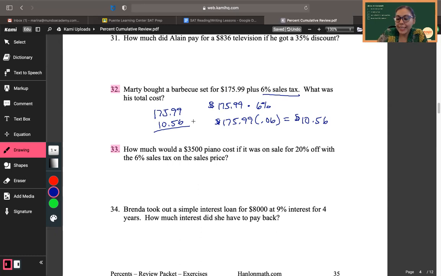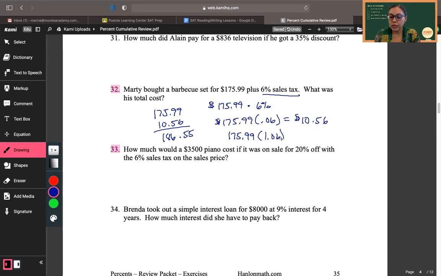However, an easy step that you can take is that the percent is something that you are adding to the total amount. So another way you could do it is 175 times 1.06. The 1.06 already includes the 175 in there, so you don't have to add it back.